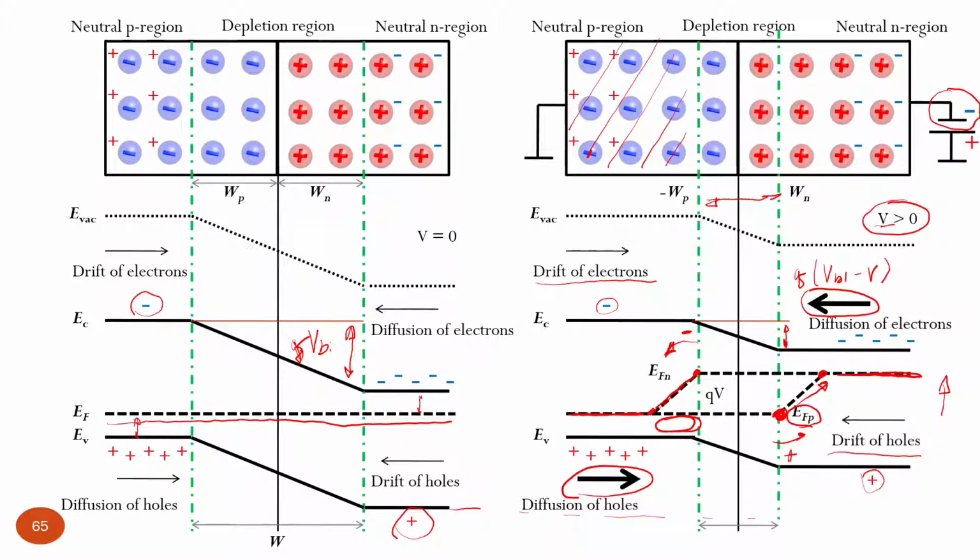You can also consider this distance when all the concentration of injected minority charge carriers vanishes as the diffusion length. So we will definitely quantify this parameter. That's the distance along which injected minority charge carriers can travel inside the semiconductor before they fully recombine.